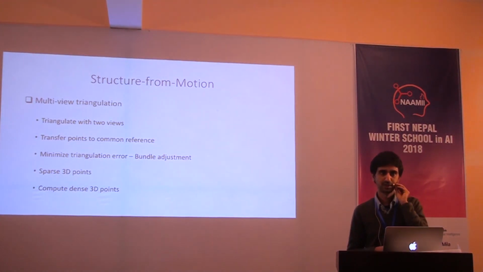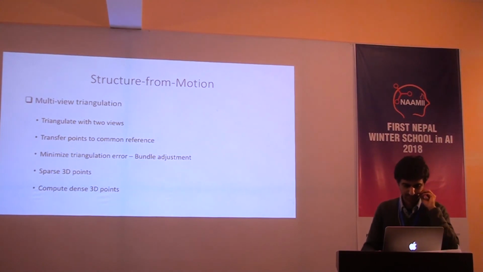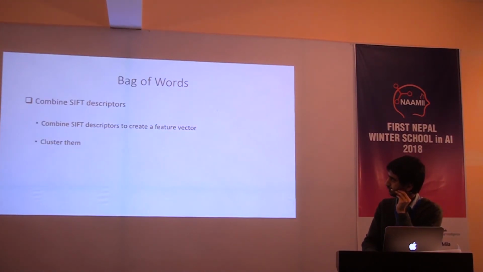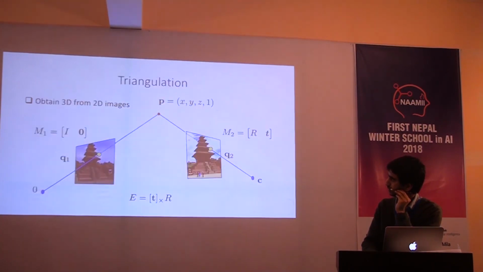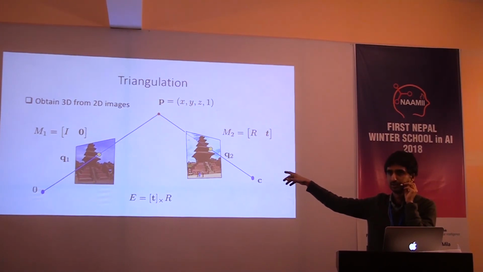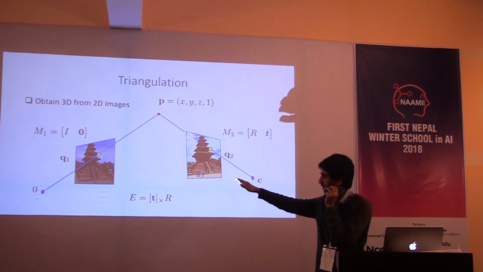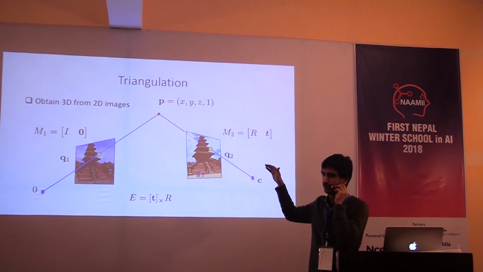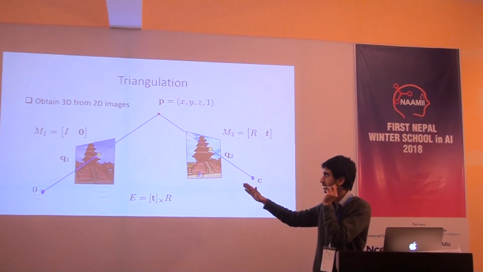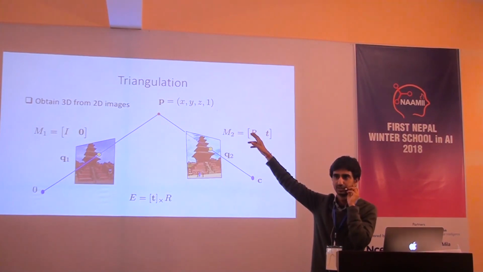This is actually surprising because, in fact, let's go back to some slide here. The structure actually depends on the motion, right? If the motion is off, if you predicted the rotation or translation incorrectly, then you would never get the point correctly.